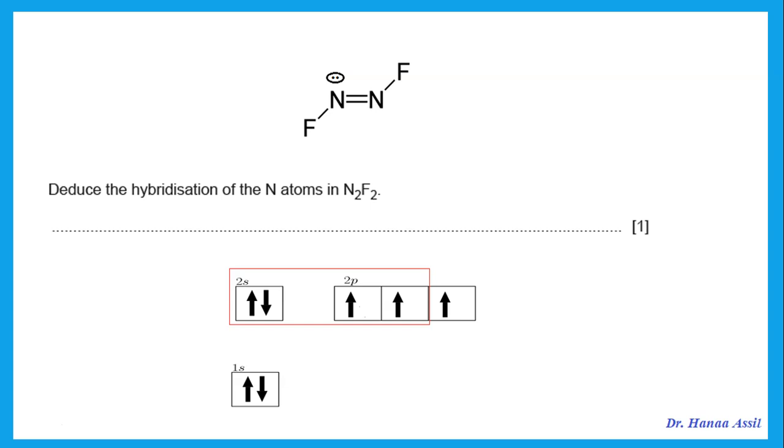Of course, we still have an extra electron in the third p orbital. That is the one that will be used to make a pi bond with the other nitrogen. So the hybridization of each nitrogen is sp2.